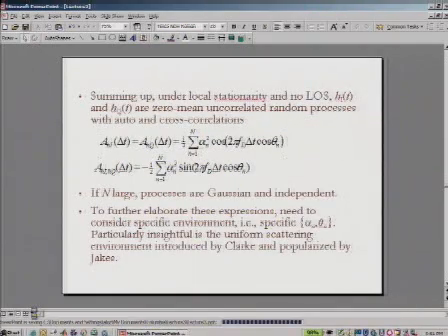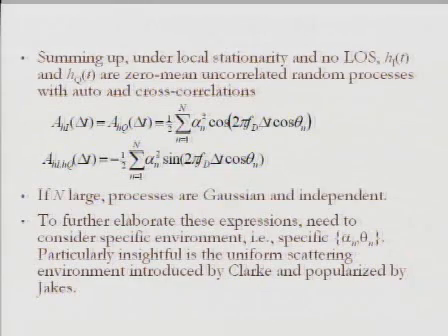That's what it should be. And we found that the cross correlation between the in-phase and quadrature is given by this function, and it's very similar except we have a sine instead of a cosine, and we have a negative sign.